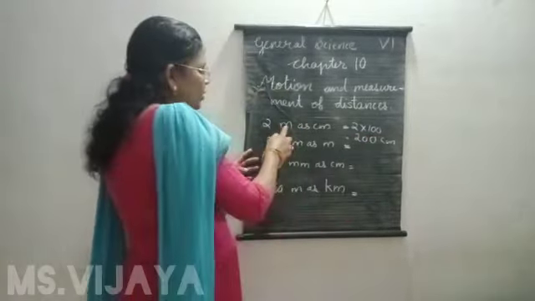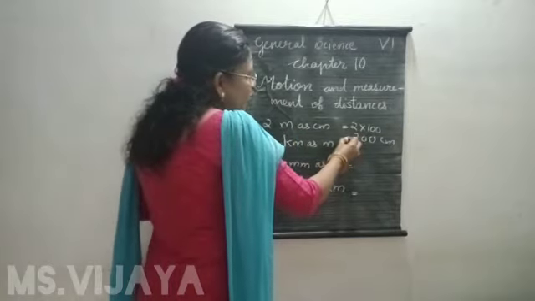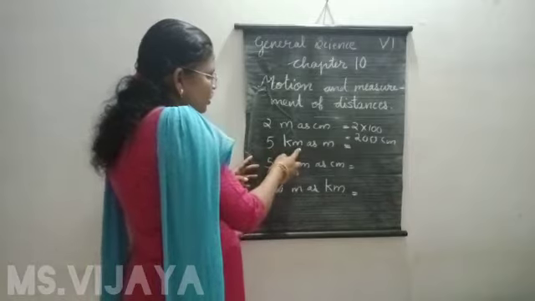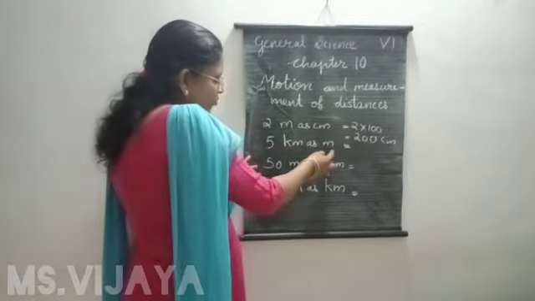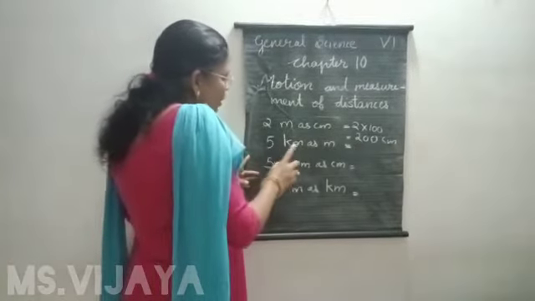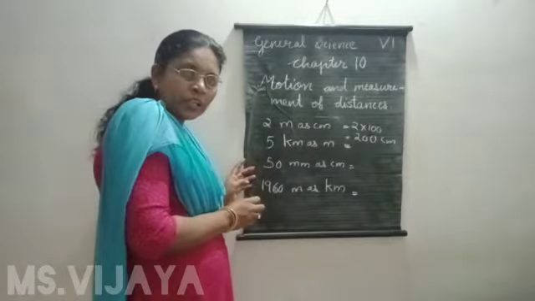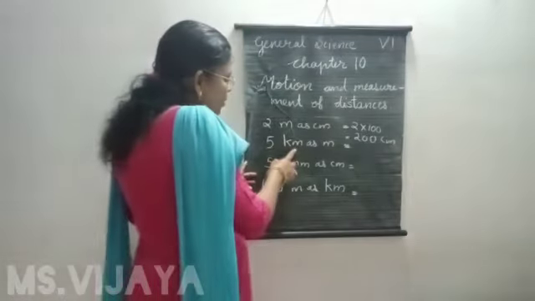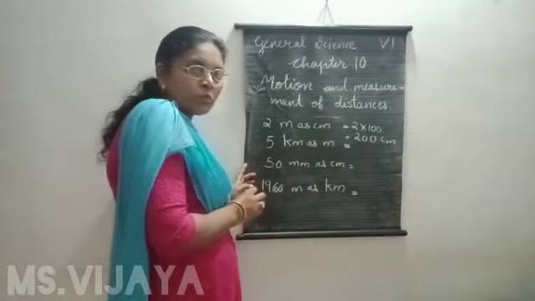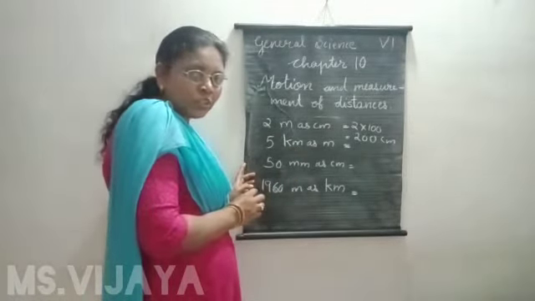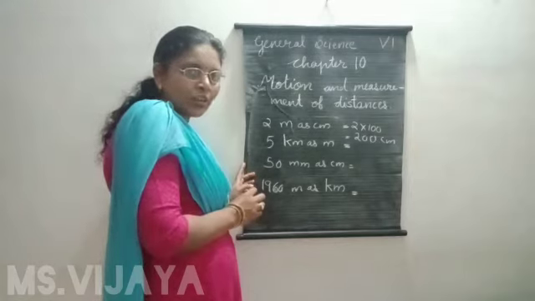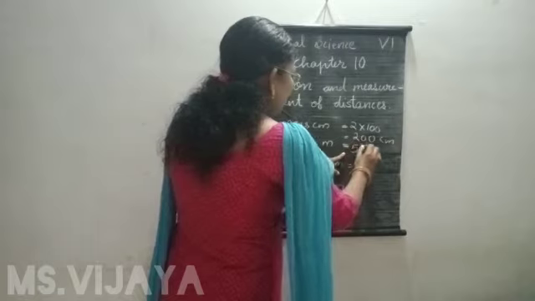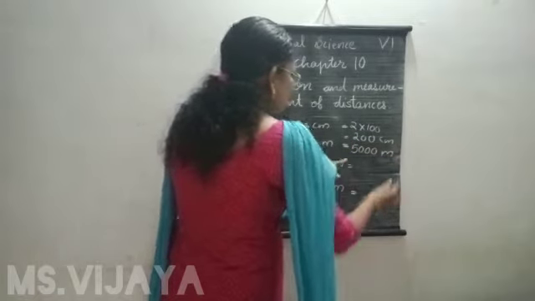So, 2 meter is equal to 200 centimeter. Clear? Then, 5 kilometer converted into meter. Look, 1 kilometer is 1000 meter, isn't it? So, 5 kilometer is how much meter? 5 into 1000. So 5000 meter.